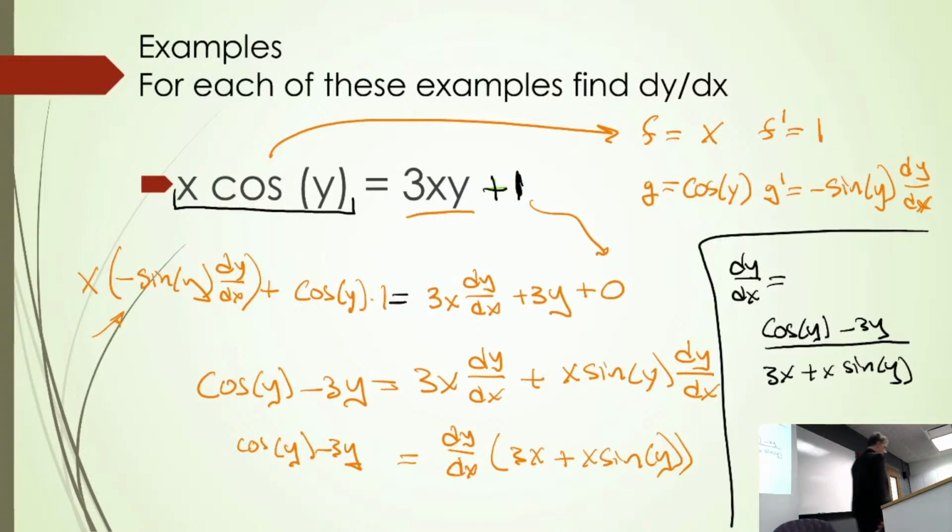So finding a point on the curve is going to be a bit of a pain. Well, if x is negative 2 over 3 pi and y is pi over 2, then that would work. If you wanted to find the slope at that point, you would plug negative 2 over 3 pi and pi over 2 into this for x and y, respectively, and compute your slope. I don't want to do it.